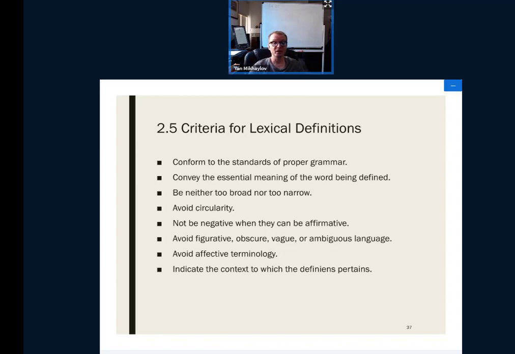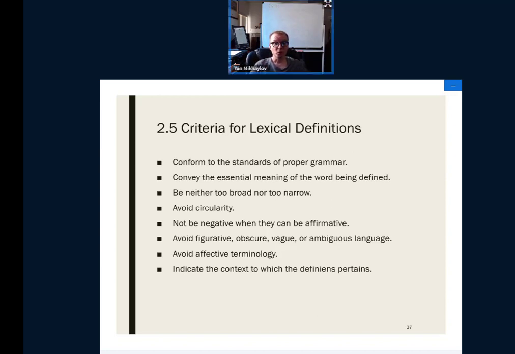Keep in mind that there's no homework on this. It's not an exam. But when you do create genus and difference definitions, and we'll have another exercise in the end, you definitely should keep all of this in mind, because I will not accept a definition by genus and difference if it doesn't follow at least somewhat these requirements.